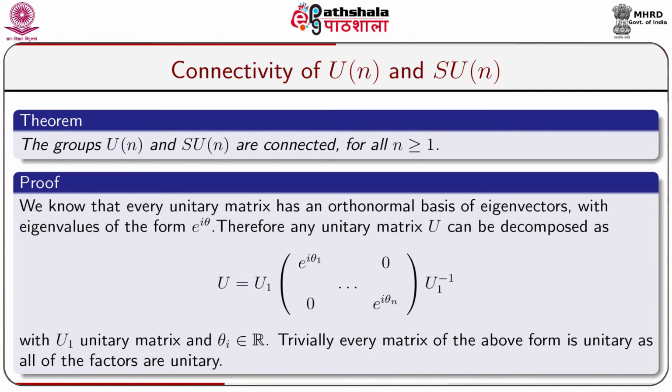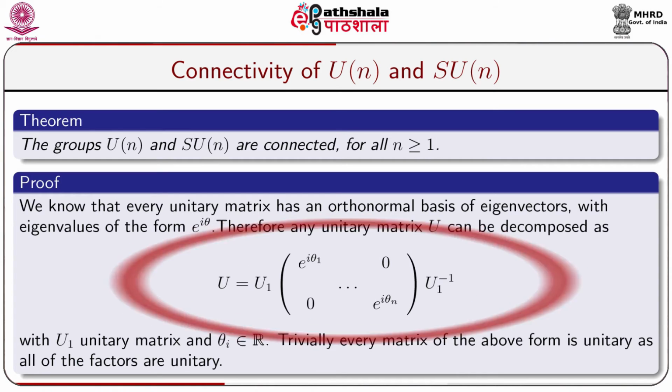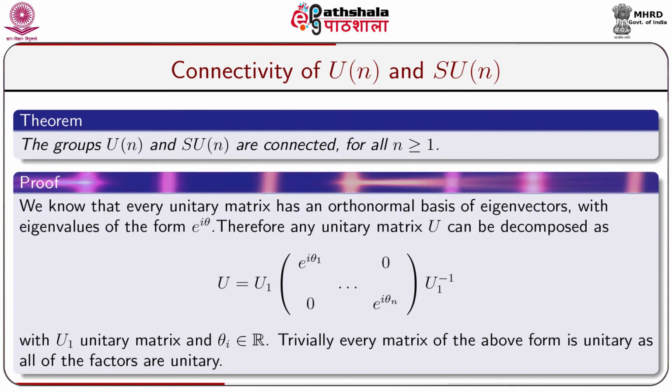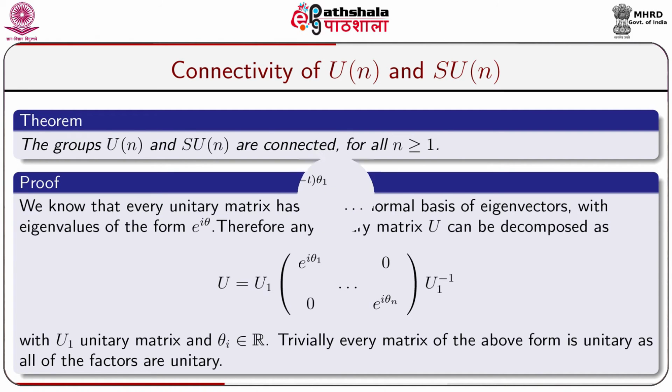It follows that every unitary matrix U can be written as U equal to U1 times the diagonal matrix whose diagonal entries are e to the power i theta times U1 inverse, where U1 is a unitary matrix and theta is a real number. Conversely, it can be checked that matrices of this type are unitary.